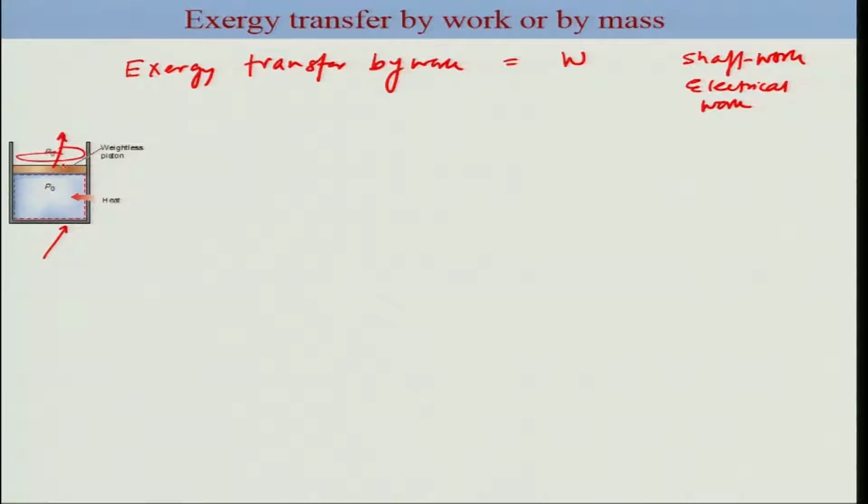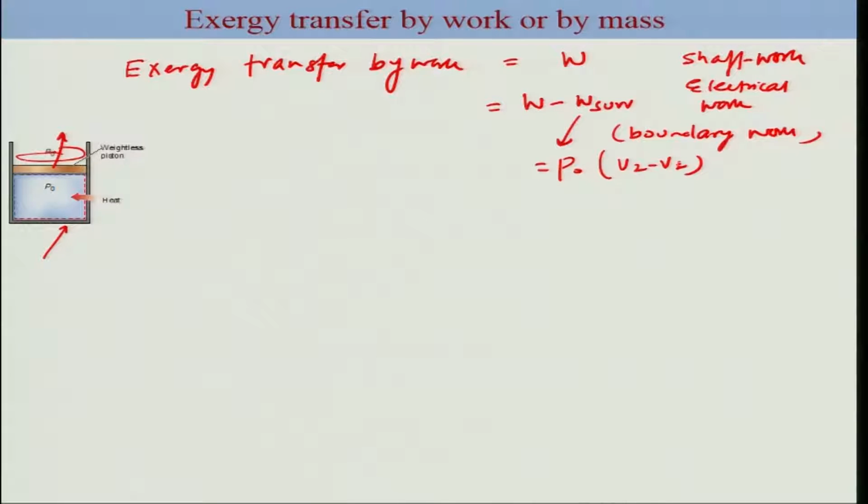This work done against the surroundings cannot be transferred, and thus the total useful work would be W minus W surrounding. This is for the case of boundary work. W surrounding is nothing but P0 times V2 minus V1.